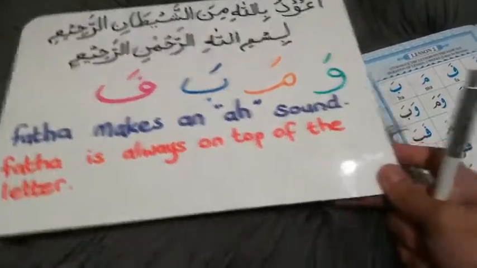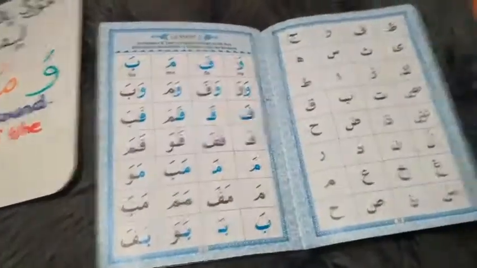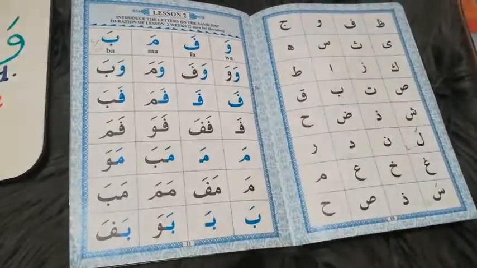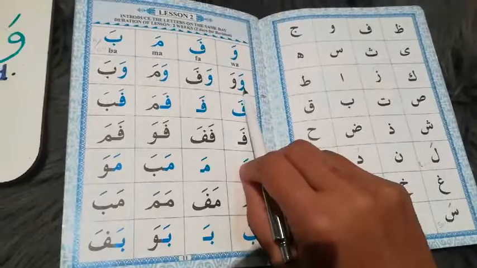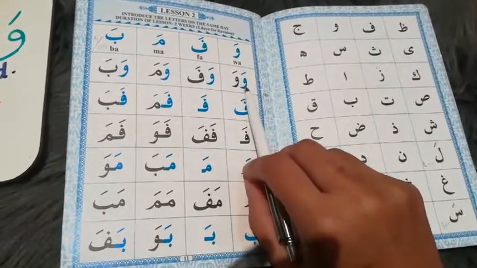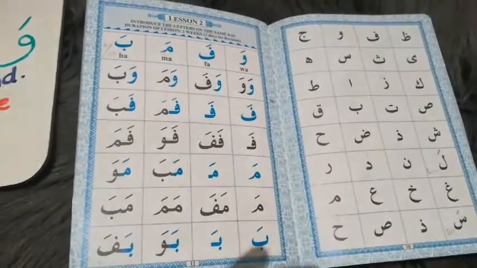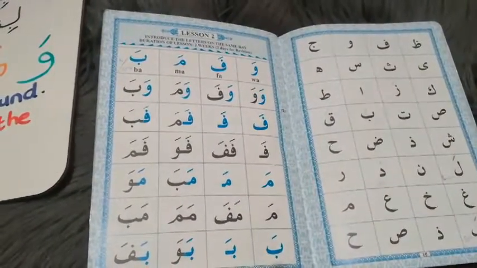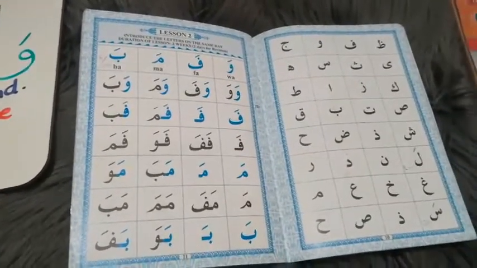Let's look at the book, the kitab, the Quran. And we're going to try and read a few words from here. We know this is wa, and if you put them together, you're not going to pull it as "waa". That is wrong because you are pulling. Remember, in Quran, there are certain words that you're not supposed to pull, and then there are certain words that you will pull.